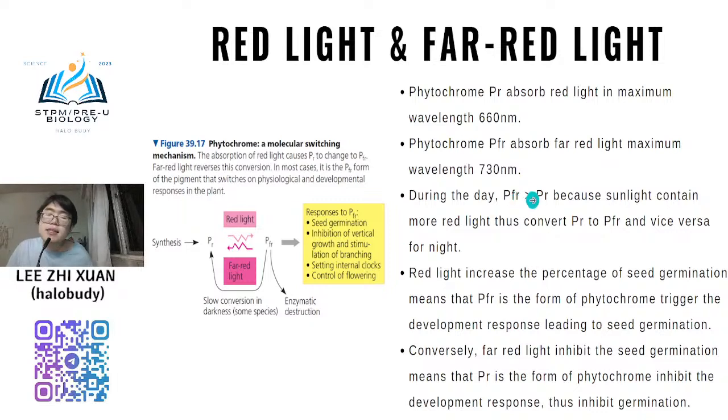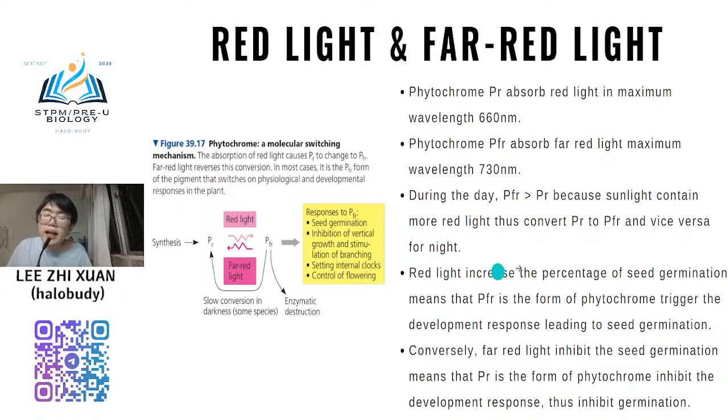Why? Because during the sunny day, PR will be converted to PFR using the red light. So when there is red light exposure toward the plant, PR akan tukar kepada PFR. So that is why PFR akan sangat tinggi during the sunny day, kerana semua PR ni dah tukar kepada PFR lah.